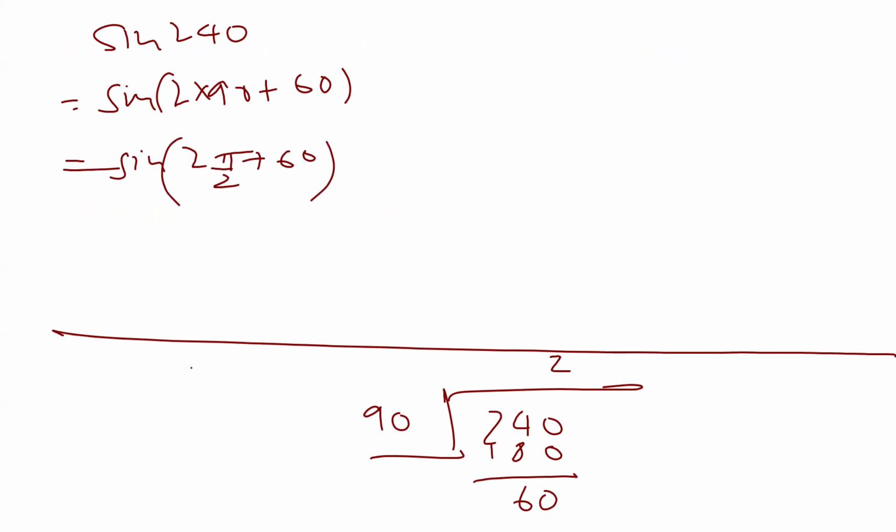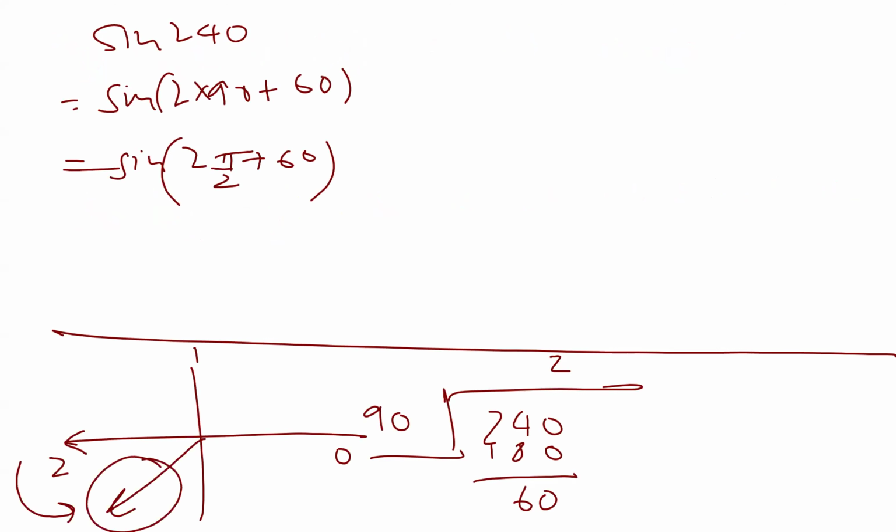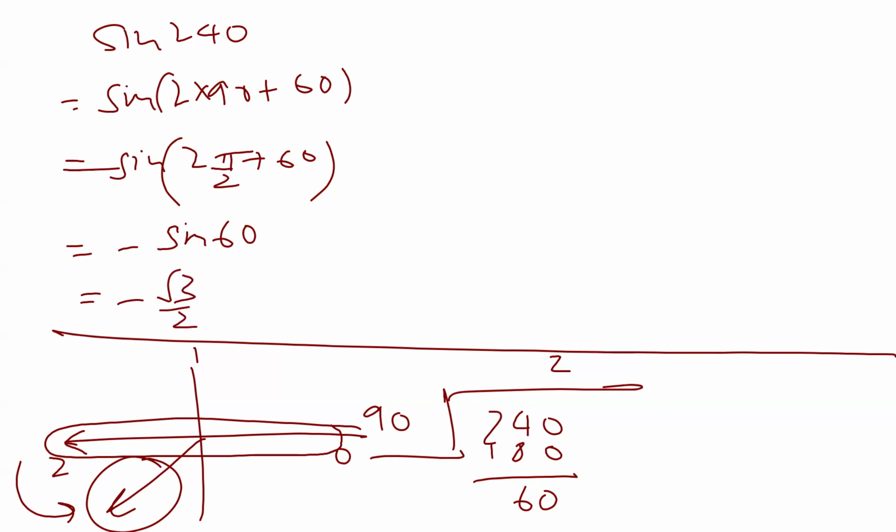Now 2 pi by 2 lies over here, and plus is the anti-clockwise direction. In this particular quadrant, your sign is negative, and 2 pi by 2 is on the x-axis, so sin remains sin. So minus sin 60, which is minus root 3 by 2.